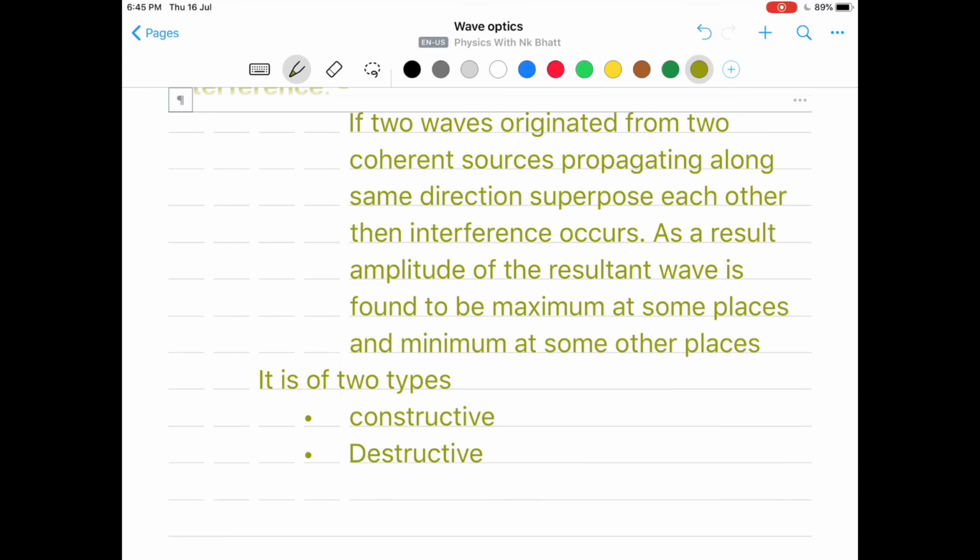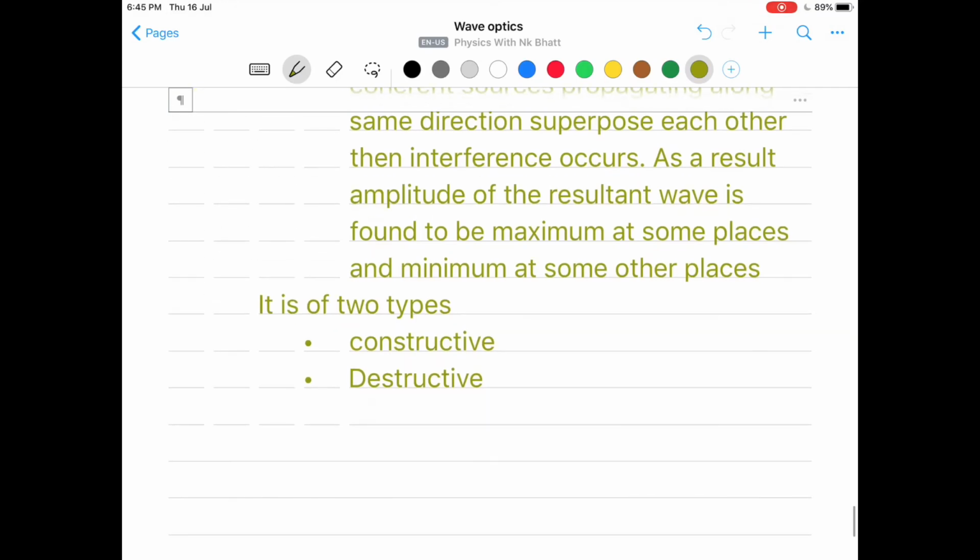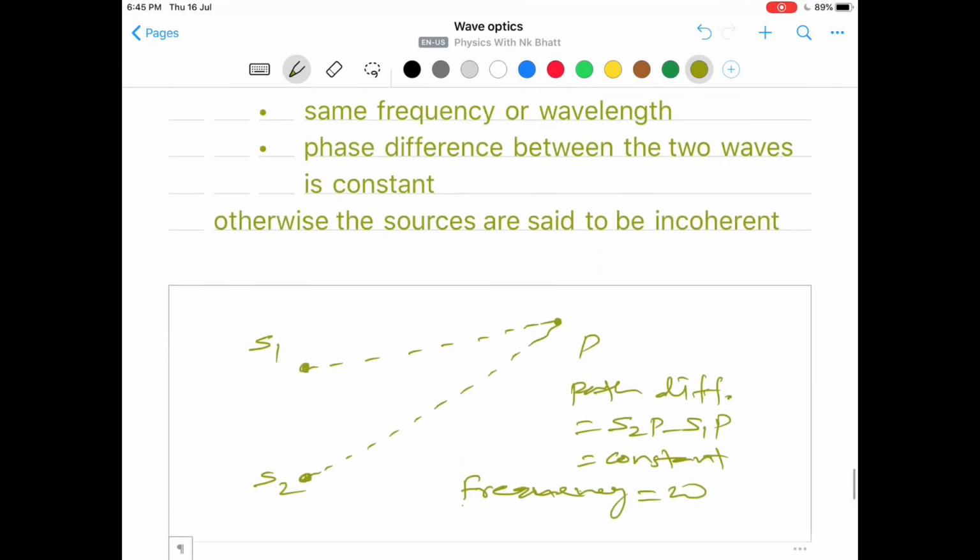As you can see here, at some places amplitude is found to be maximum. At those places constructive interference occurs. And where amplitude is found to be minimum, at those places destructive interference occurs. So these are the two types of interference.